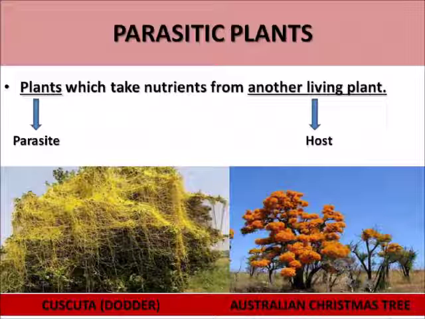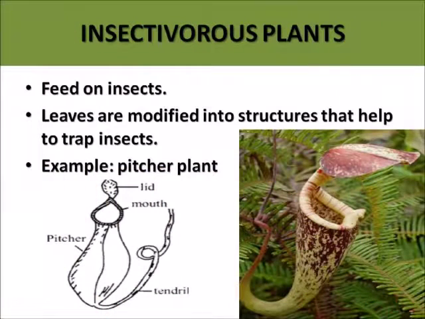But in the second example, even though they are capable of preparing their own food, still they are dependent on some other plants. So both of these, the cuscuta and the Australian Christmas tree, are examples of parasitic plants.